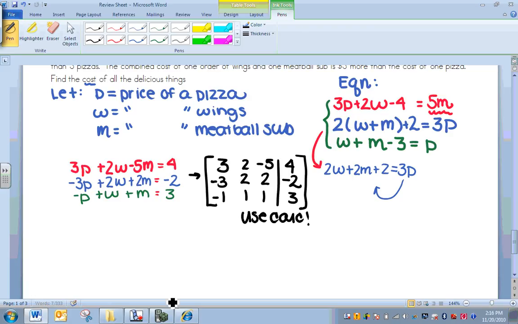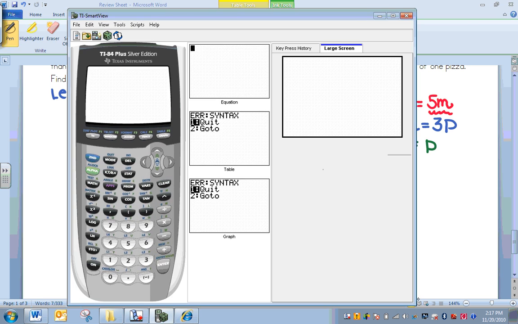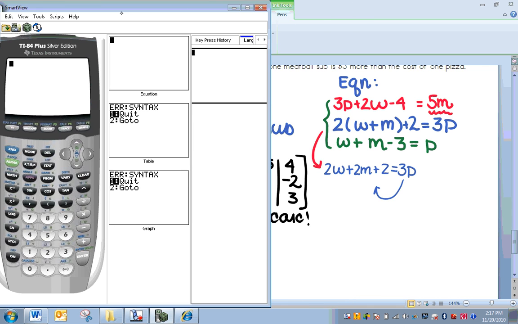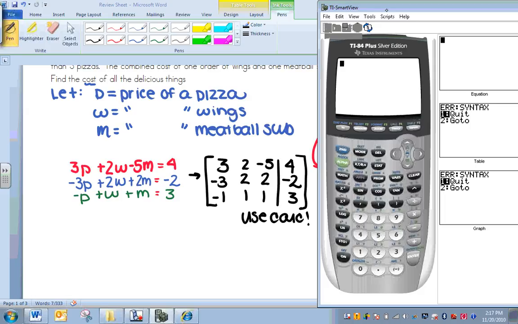So if you take out your graphing calculators, you want to put in the matrix. In matrix A, I want to put in a 3-row matrix by 4 columns.